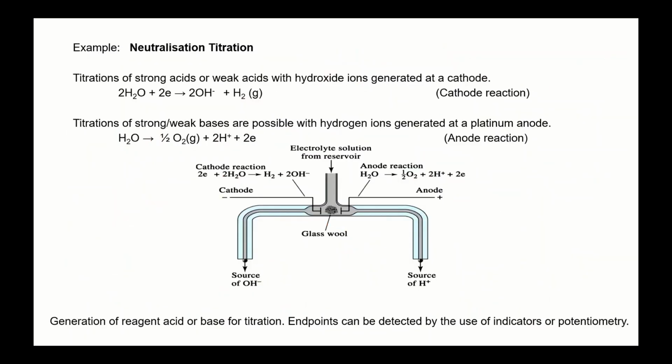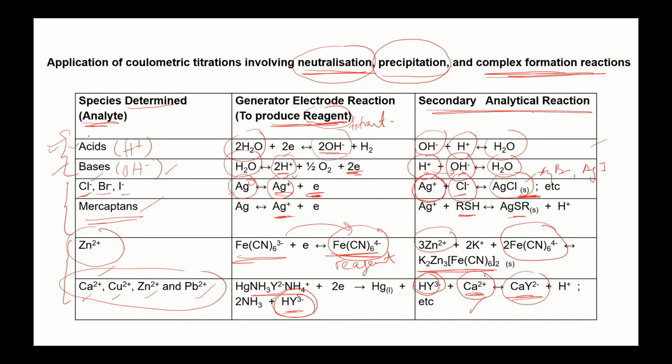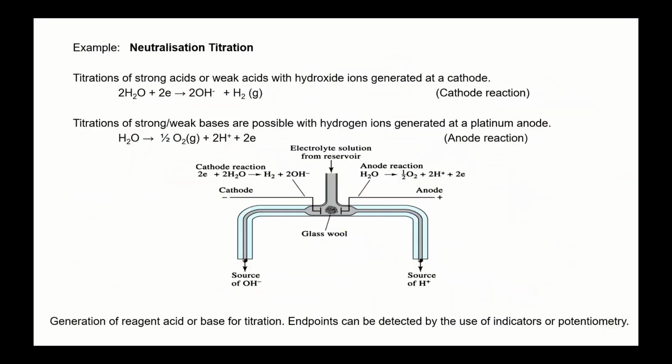Next, neutralization titration. This is an example. Okay, so I talk about this neutralization to determine, for example, acid or base. This is the precursor, a very simple precursor, which is water. So this water precursor will react here at the electrode.